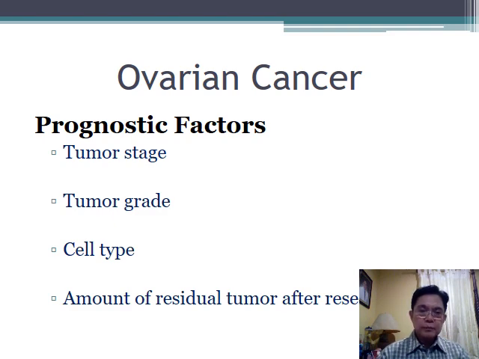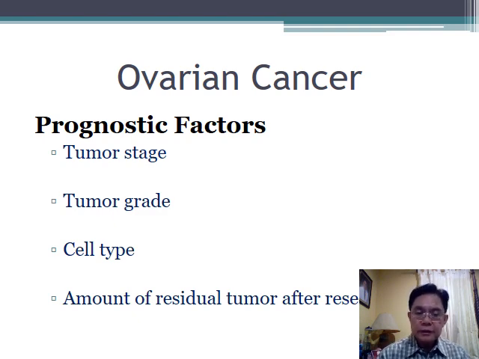So we'll discuss prognostic factors. What are the factors that determine prognosis of patients with ovarian cancer? As previously mentioned in other types of gynecologic cancer, the most important prognostic indicator is the stage of the disease. The higher the stage, the poorer the prognosis. Tumor grade, whether grade 1, grade 2, or grade 3, or well differentiated, moderately differentiated, and poorly differentiated.